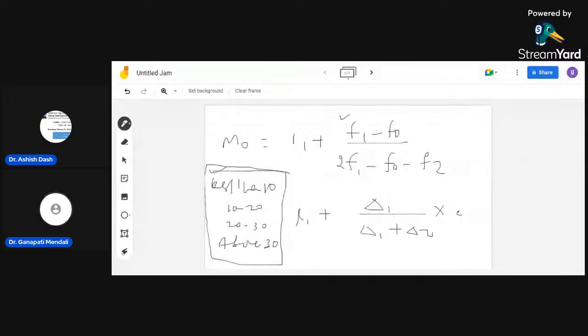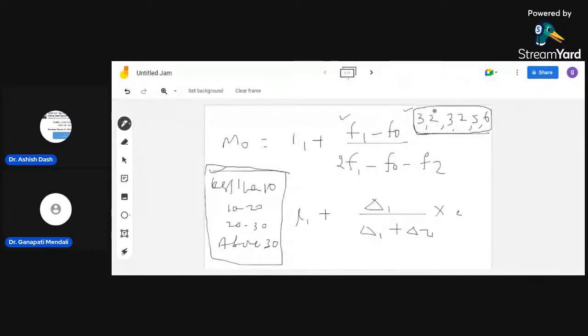Now suppose we have a data series like this: 3, 2, 3, 2, 5, 6. What is the mode of these observations? Here 3 has occurred 2 times, and 2 has occurred 2 times.